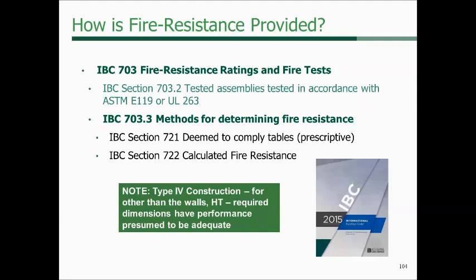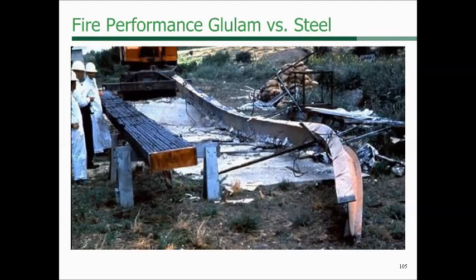So heavy timber does not need to comply with this calculated fire resistance. Hopefully that's not too confusing, and if you have any questions, you can contact us and we can provide that. But a bit of a clarification, because I know sometimes it gets confusing to some people if you're in heavy timber construction, that some may require actual calculations for the fire resistance, but it does not apply there.